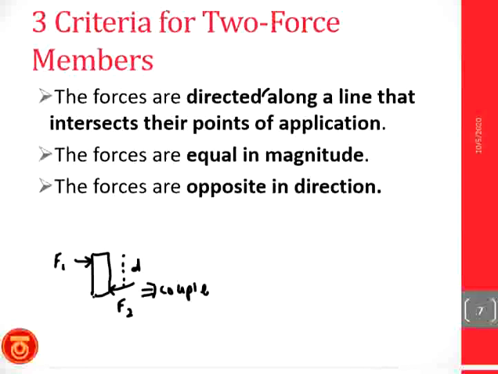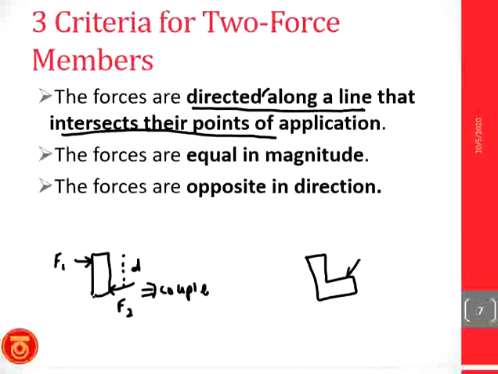But if the forces are directed along a line that intersects at their point of application, so for example we have like this, and we have F1 here and F2 here, and this intersects at their point, and F1 equals F2.